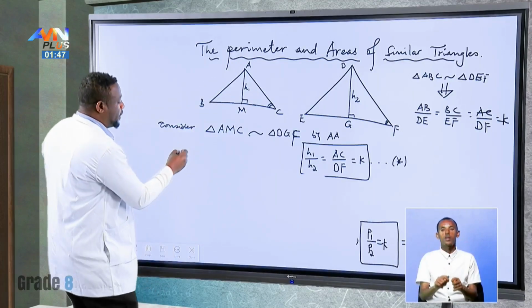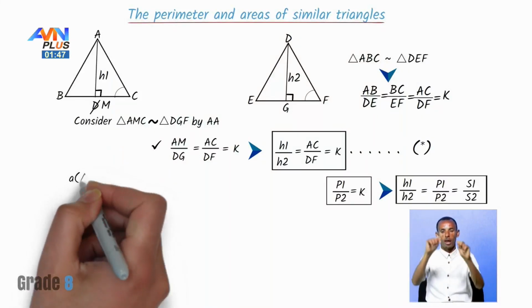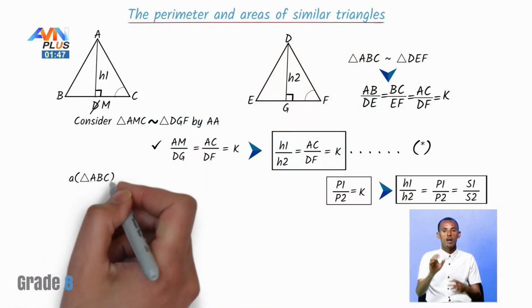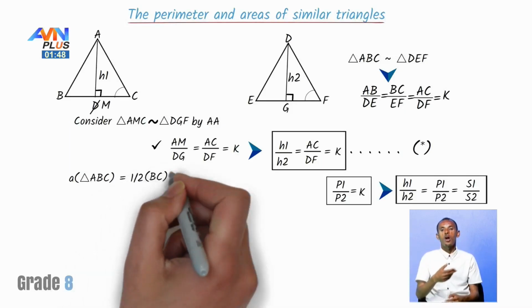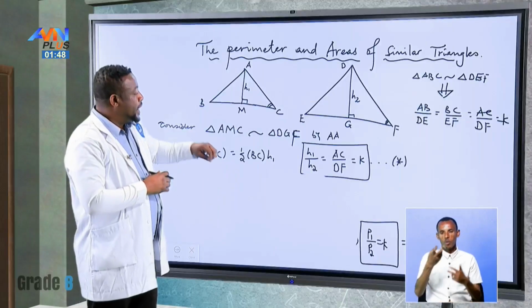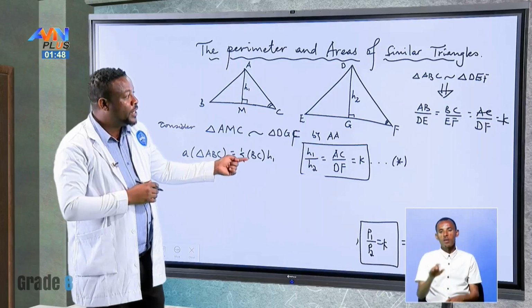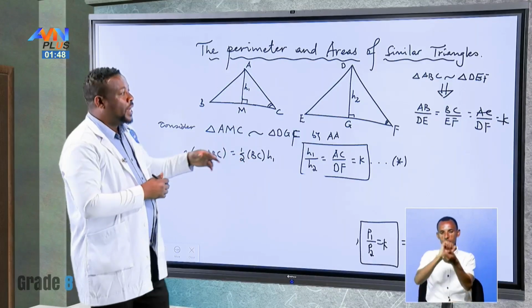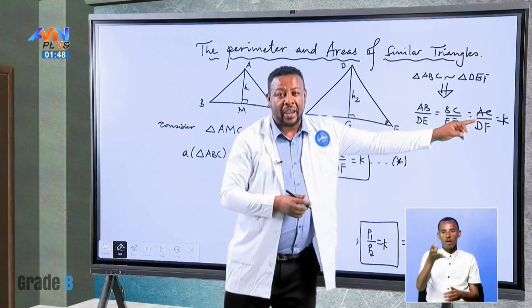So you know that the area of triangle ABC is half of the base BC times the altitude H1, right? We have this. Now, in place of BC, you can substitute EF times K, right?